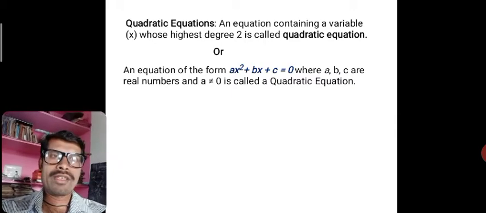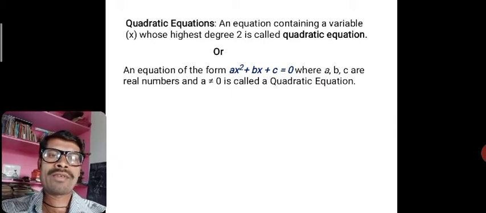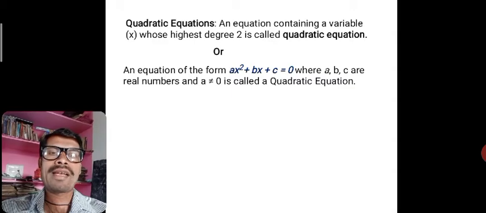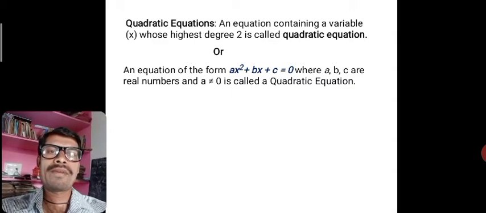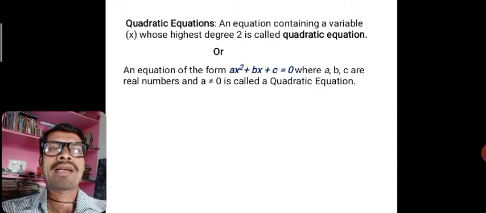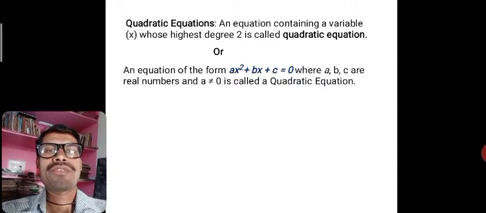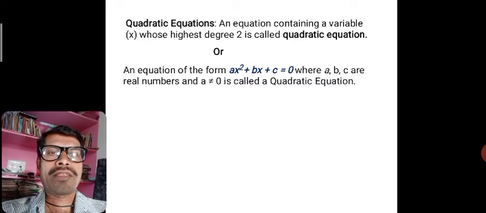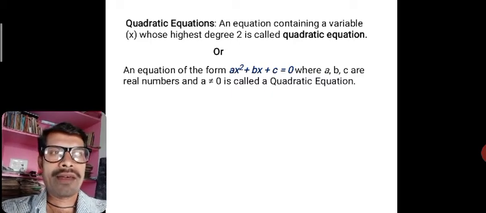If a is equal to 0, then ax square is 0, and bx plus c is left in the equation, which becomes a linear equation. That's why we put the condition a is not equal to 0 here. If a is equal to 0, the quadratic becomes linear.